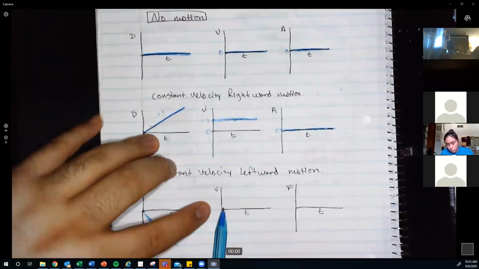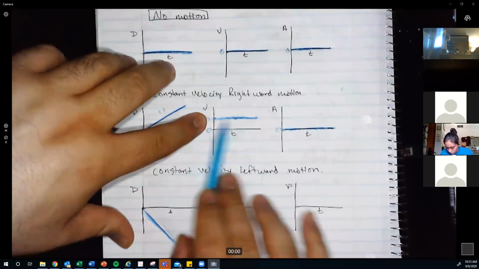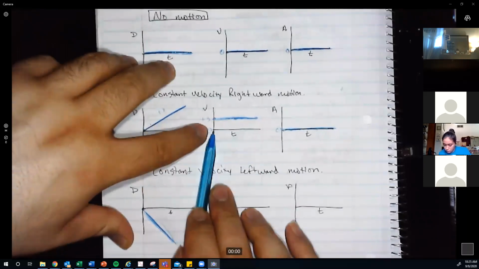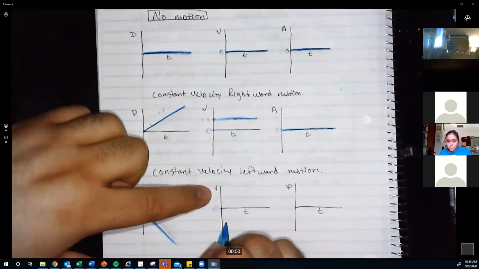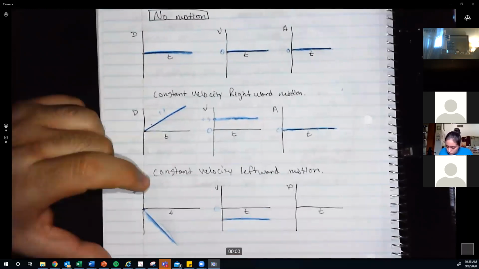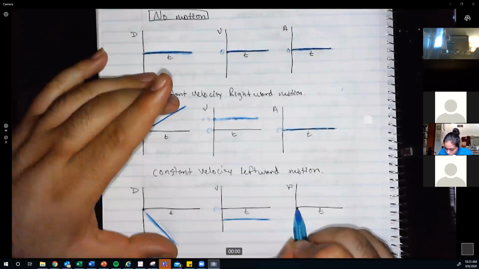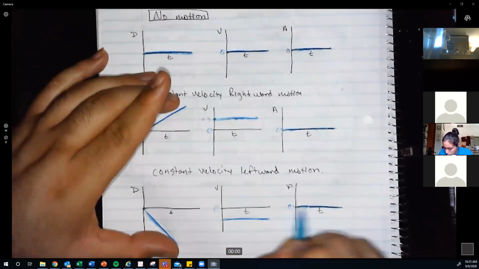Notice that if positive slope gave you a positive velocity, right above the origin mark, here negative slope is going to give negative velocity, right below the origin mark. Now, it's still not accelerating. There's no speeding up, no slowing down, so it's right across that origin.